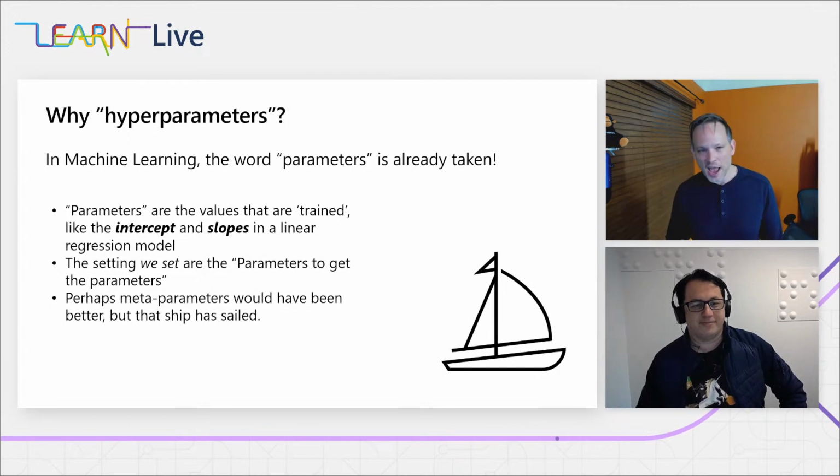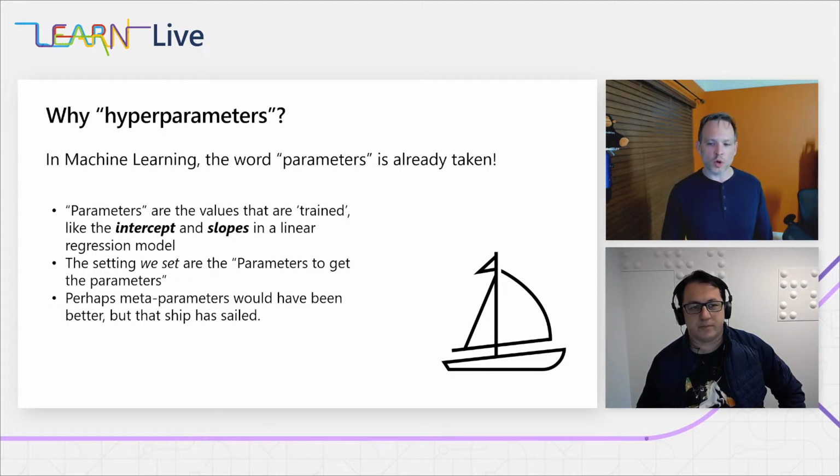In machine learning, the term parameters is already taken. A parameter is those things that we train. So when we talked about our regression models, our intercepts and our individual slopes or coefficients for each feature, those were trained and those were the parameters.